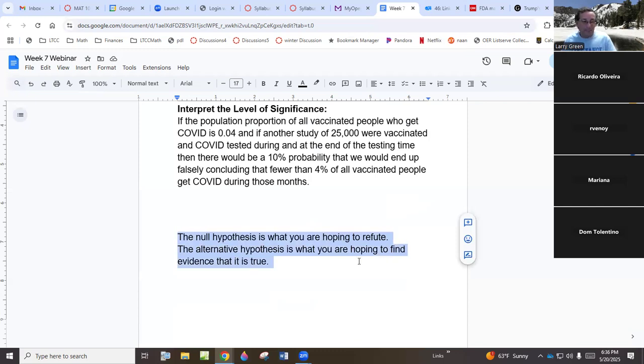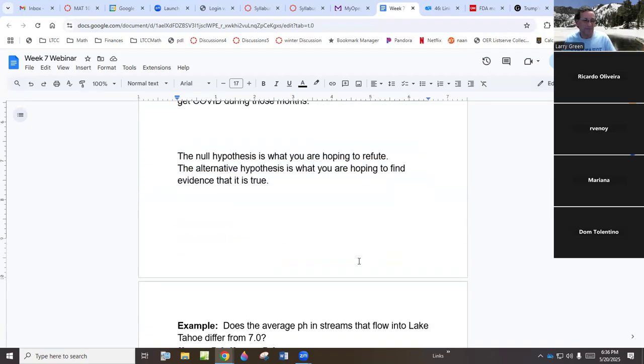And when you're saying hoping, it means that's what you're doing the test about. Sometimes you don't want it to be true, because there are tests where you want to test to see if, I don't know, people get sick all the time. You don't want people to get sick all the time, but you want to find out if it's true or not. Do you see that? So you're doing the test.